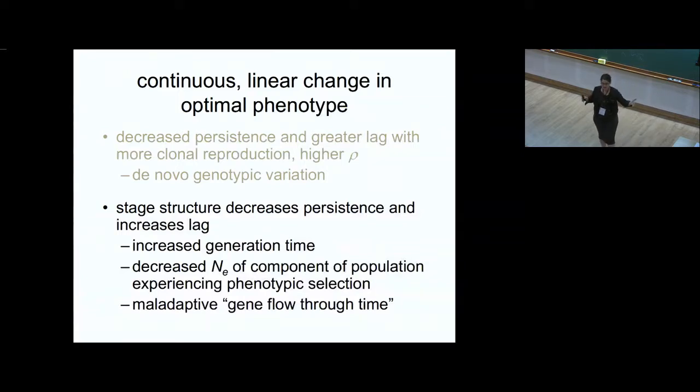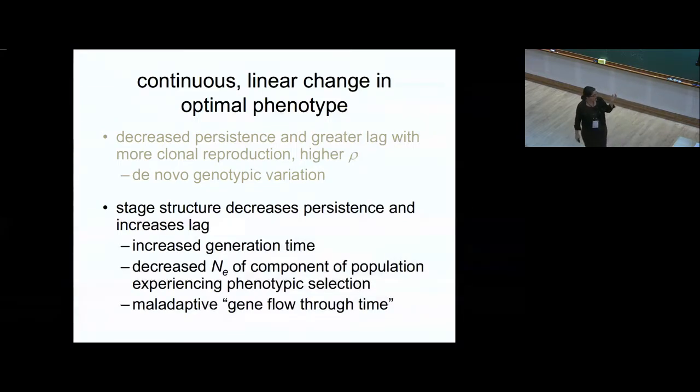If we increase generation time, then each generation we have more steps of environmental change, because the change is continuous. So more environmental change. Another thing is the way we model this, phenotypic selection is happening on juveniles.